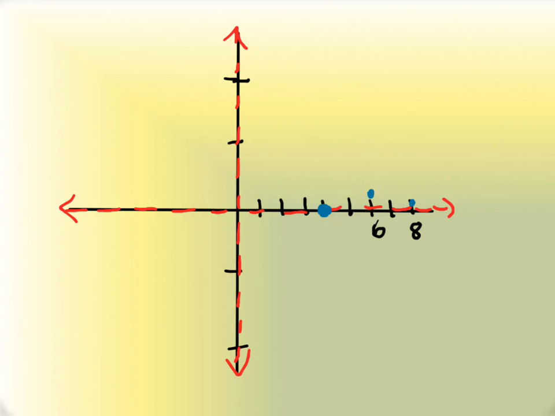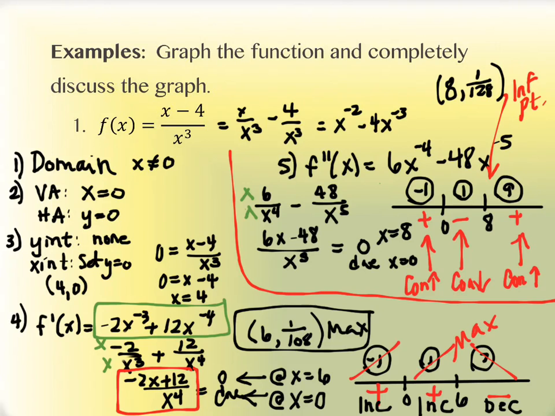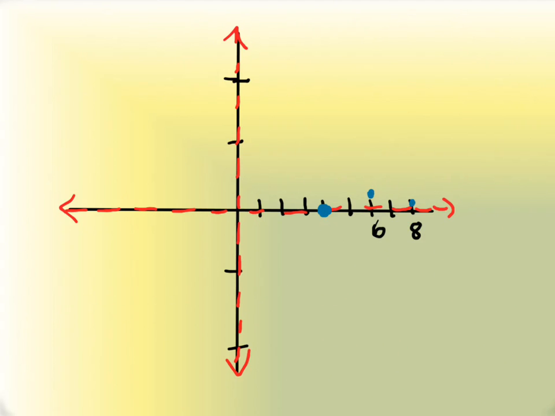Okay, so I want to talk about what happens on the left-hand side, that is before x equals 0. So what is happening with the graph before x equals 0 from these sign charts that we've created? It is increasing, and it is concave up. So where in the world would that graph be? Will it be above the x-axis, or will it be below the x-axis? It's got to be both increasing and concave up.